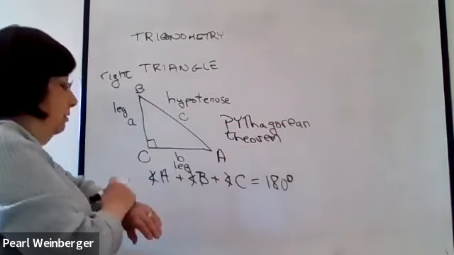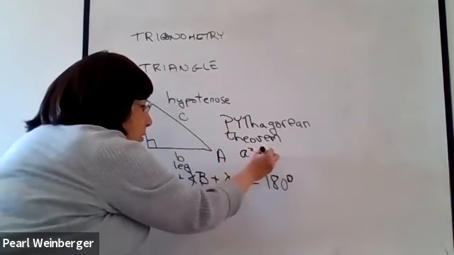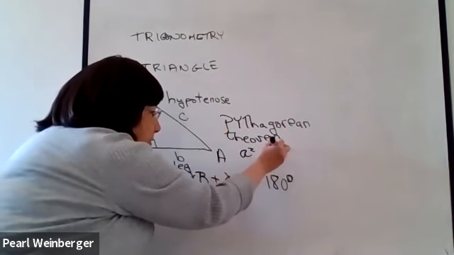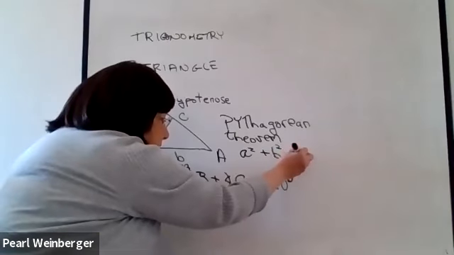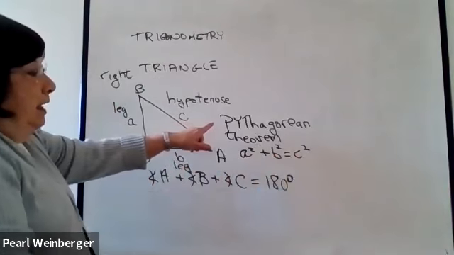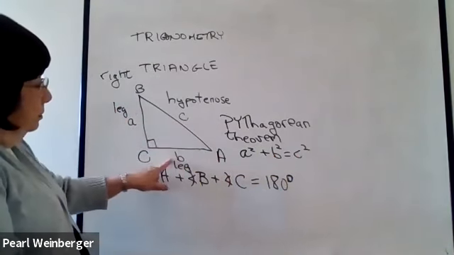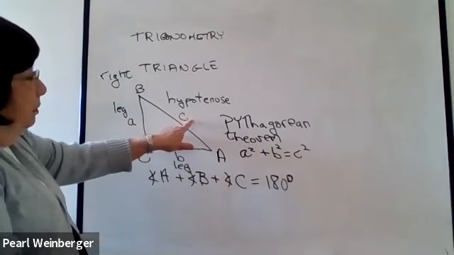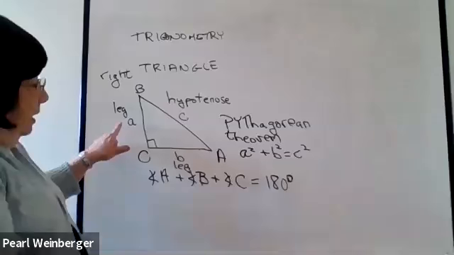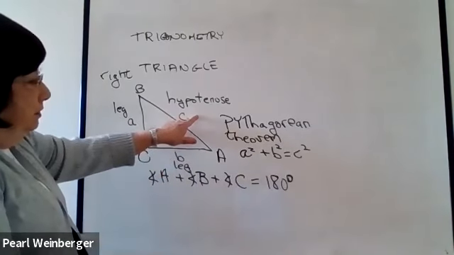And what that tells us is that a squared plus b squared equals c squared. This only works in a right triangle. In a right triangle, the two legs squared, when you add them, equal the hypotenuse squared. A squared plus b squared equals c squared.